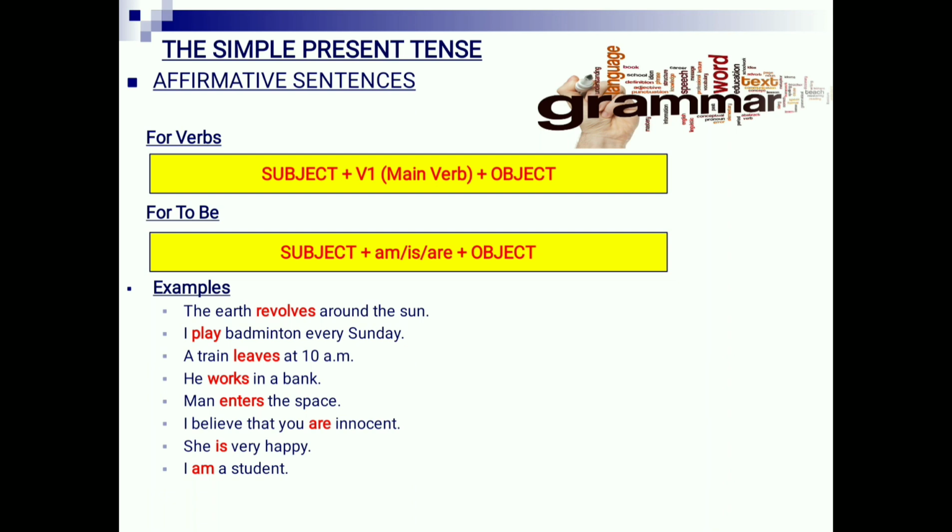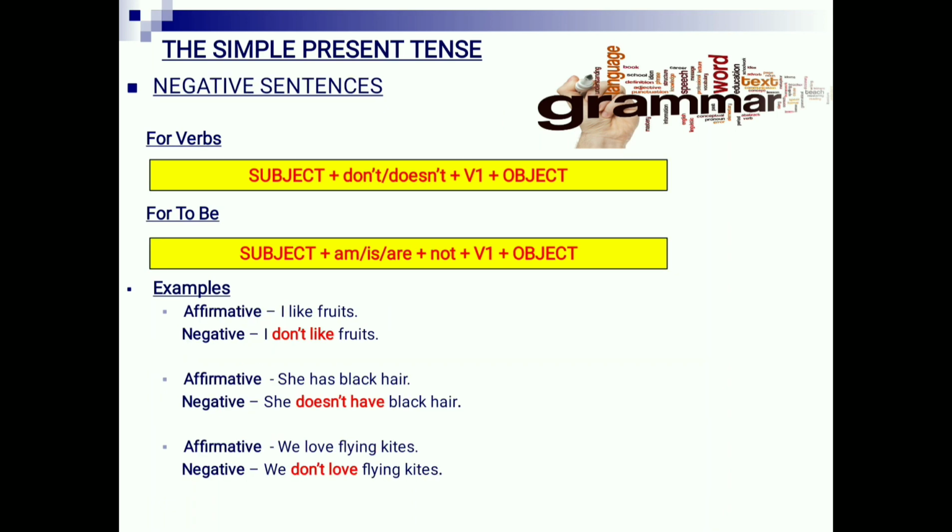Man enters the space, it is a fact or truth. Getting? She is very happy, this also shows simple present tense. So I think you understood the functions and how we can use simple present tense with this structure in affirmative sentences. Now I am giving you some more examples.